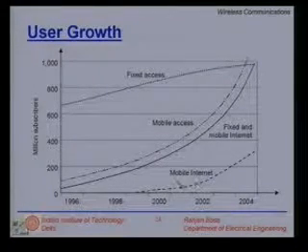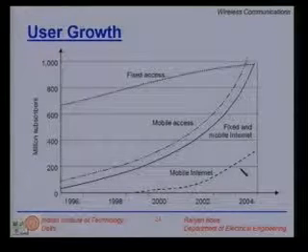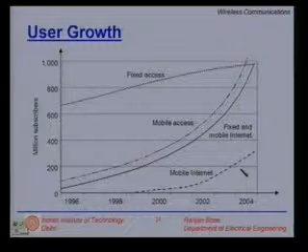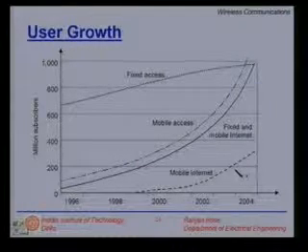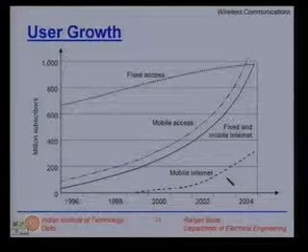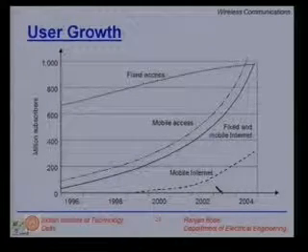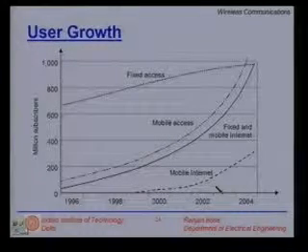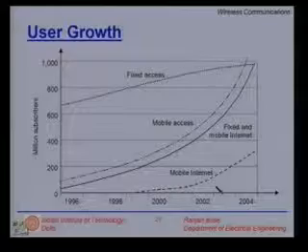A late starter is mobile internet, and as we are evolving and getting into 3G systems, we will have more accessibility of the internet through our mobile phones. So today, a lot of the mobile market is application driven. People talk about killer applications.